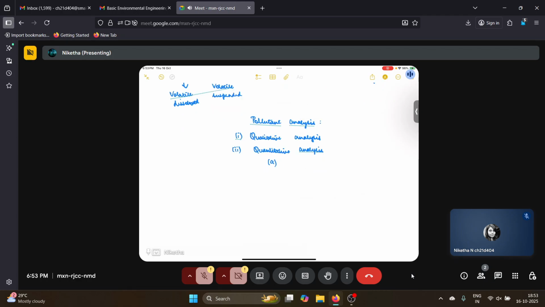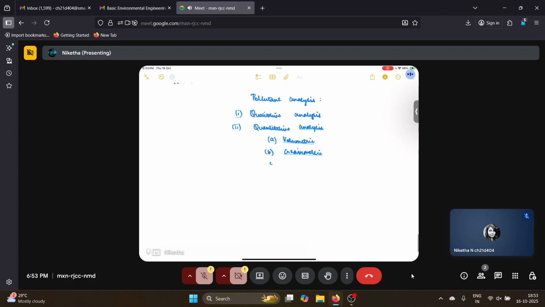Quantitative analysis can be volumetric, gravimetric, or weight based. The first one is volume based, and then instrumental.